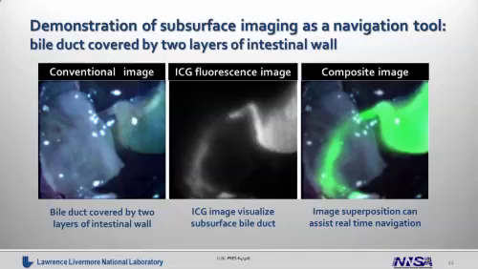the intestinal wall. And one can actually create composite images where the two are superimposed and can be provided in real time to the surgeon, where the visualization of the subsurface structure will become apparent, so it can be used for navigation. So what we're trying to show here is that with very sensitive instrumentation, one can expand beyond what is visible.